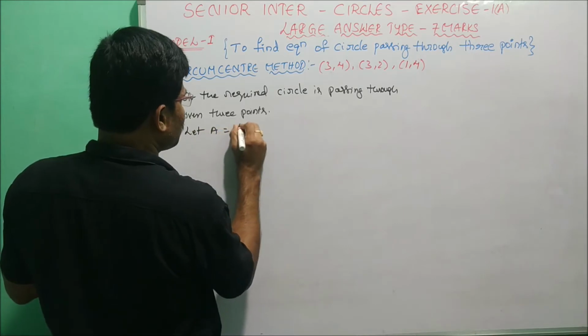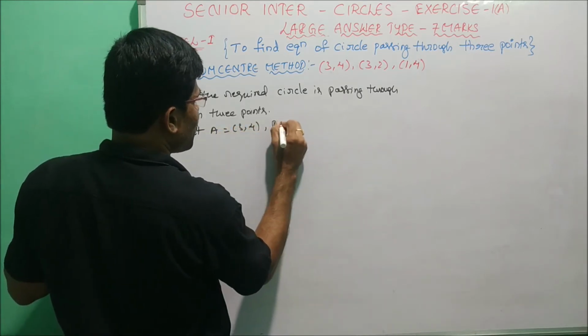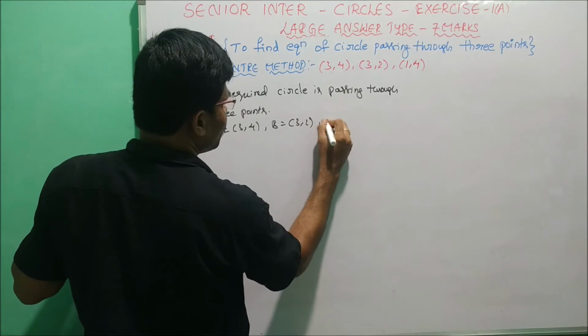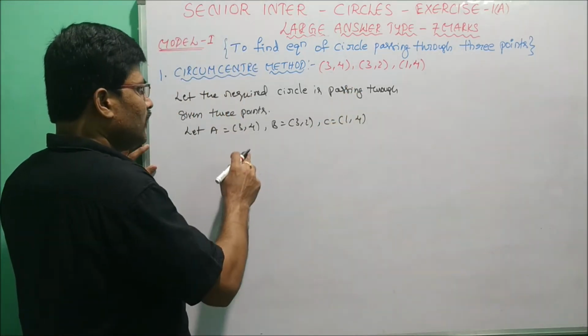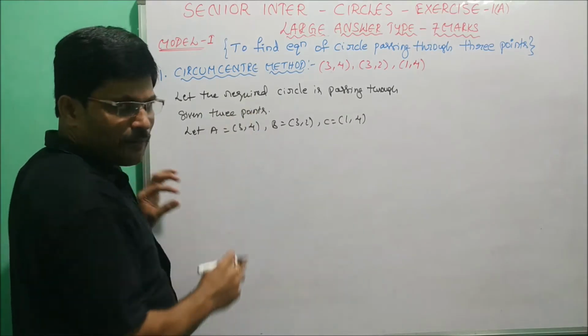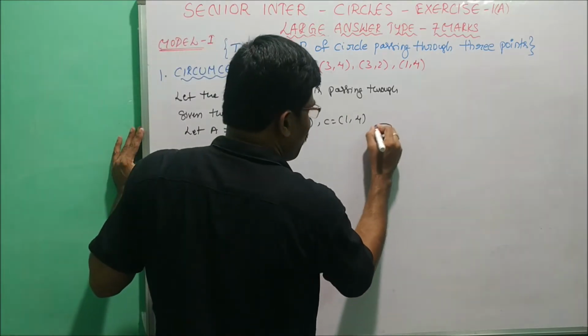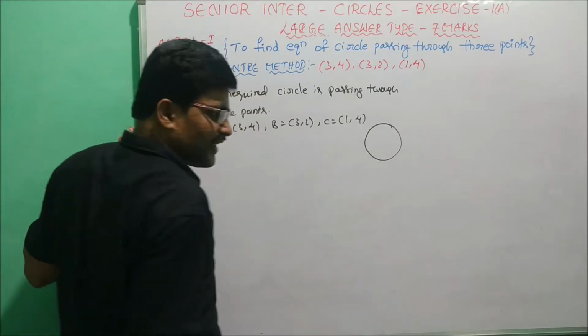Let A equals (3,4), B equals (3,2), C equals (1,4). Here the required circle passes through the given 3 points. Therefore, these 3 points lie on the circle.